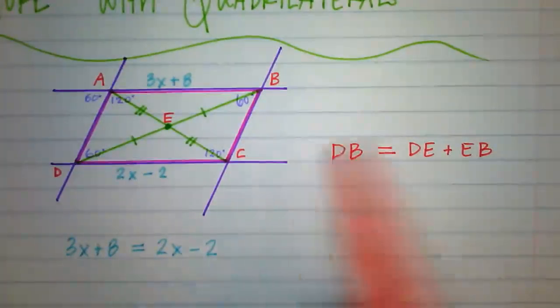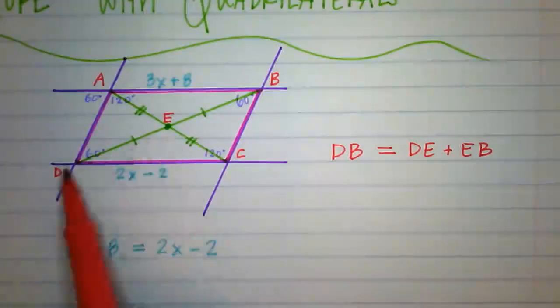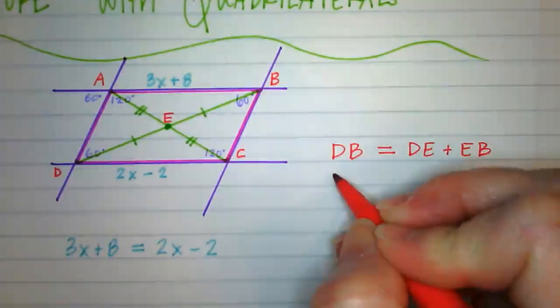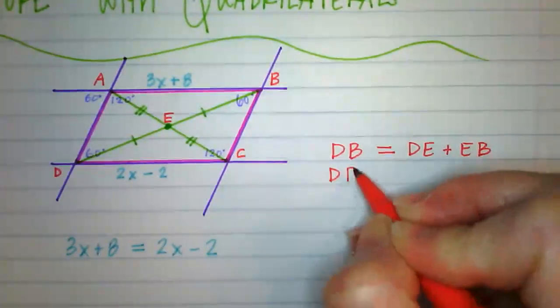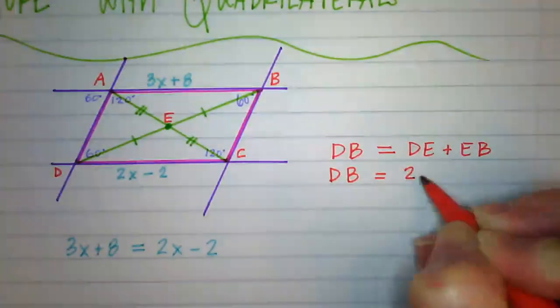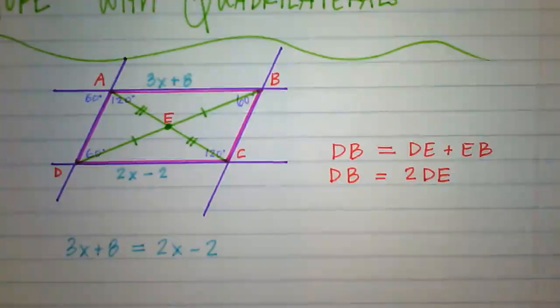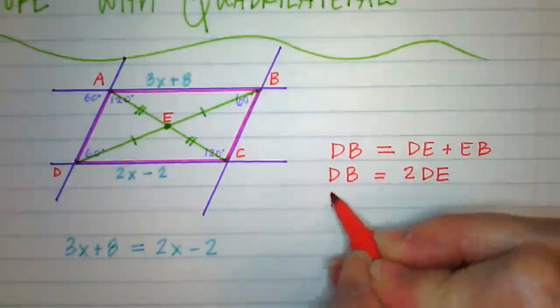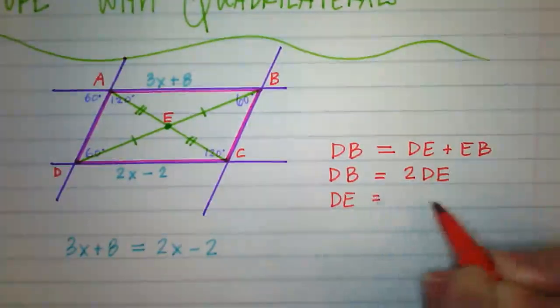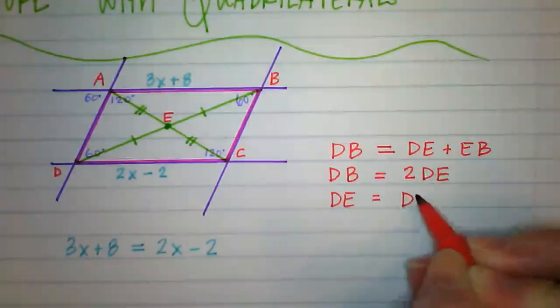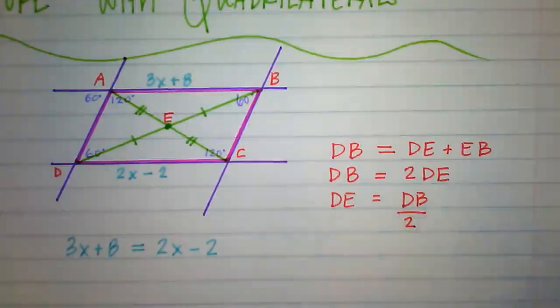Segment addition is what we usually call that. But what we also know is that DB would equal 2 DEs, or we can even say that DE would be half of DB.